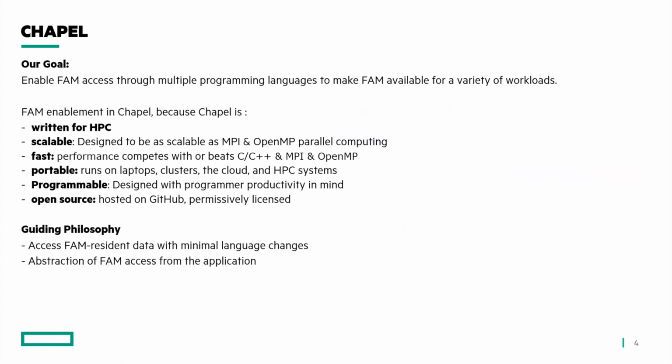There were also a few other reasons: CHIUW is designed to be scalable, like other parallel programming languages, and is fast, portable, productive, and of course open source. These were some of the key reasons why we considered CHIUW for FAM support.